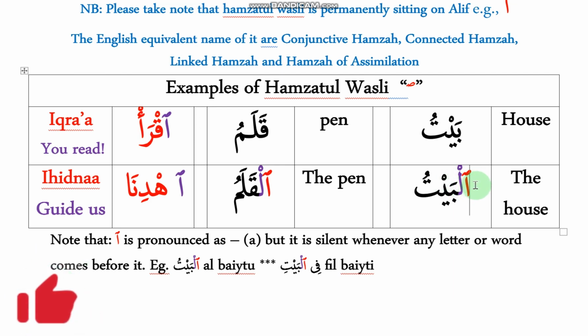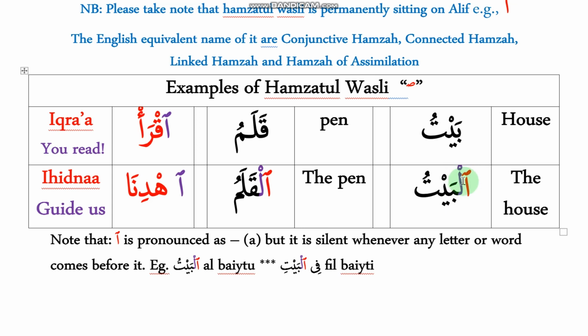And the type of Alif and Lam is going to be Hamzatul Wasli plus Lam. The Lam may have sukun on it or not. It depends.